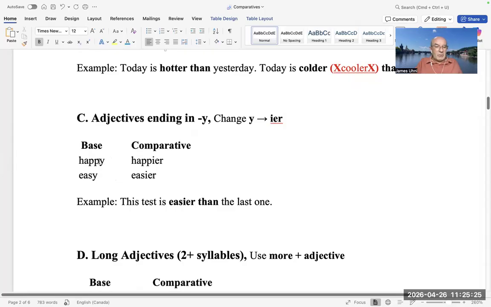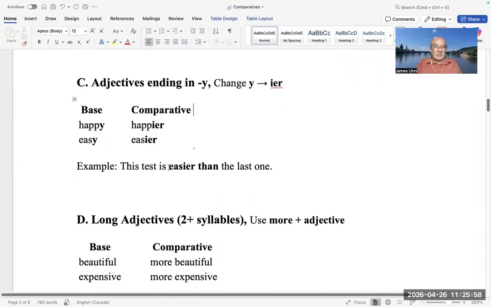So we change Y into I-E-R. We have a double consonant over here, and one consonant in easy, so it does not affect the Y changing into I-E-R. This is how we create comparatives. This test is easier than the last one.